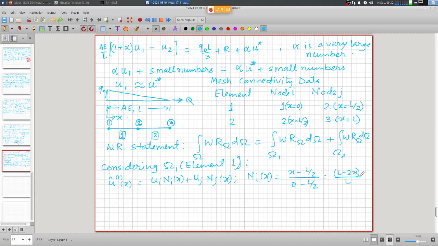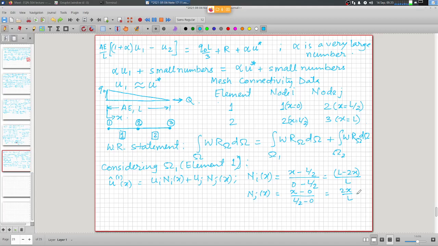And if you see, at x is equal to 0, this evaluates to unity. At x is equal to L by 2, this evaluates to 0. Similarly, Nj will be equal to (x minus xi) divided by (xj minus xi). So this is equal to twice x by L. Right?